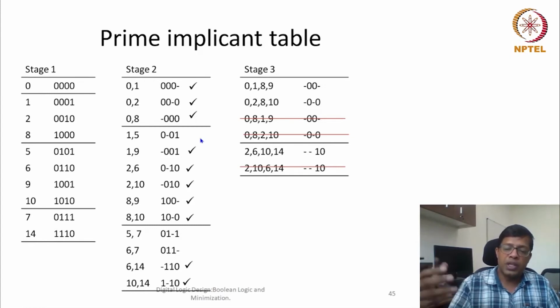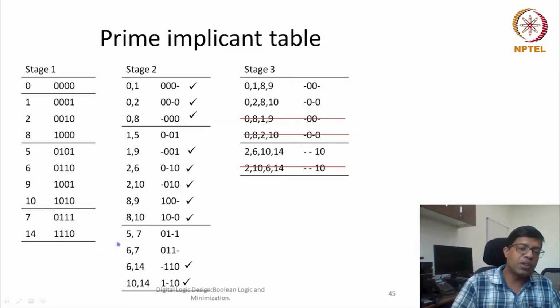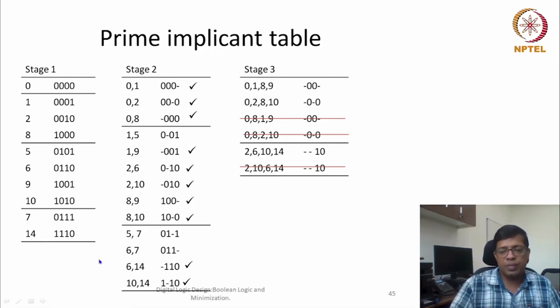So from stage 2, similarly we have to go to stage 1, and we have to see whether all the min terms have been covered by at least one of the prime implicants or not. So 0 1 2 8 5 6 9 10 7 14.